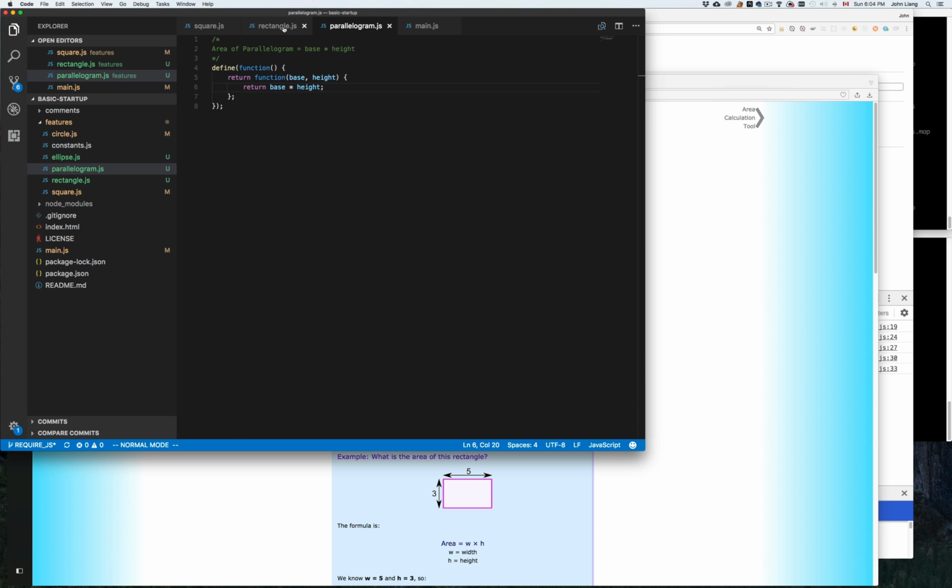Let's go to rectangle. So in this particular case, rectangle depends on parallelogram.